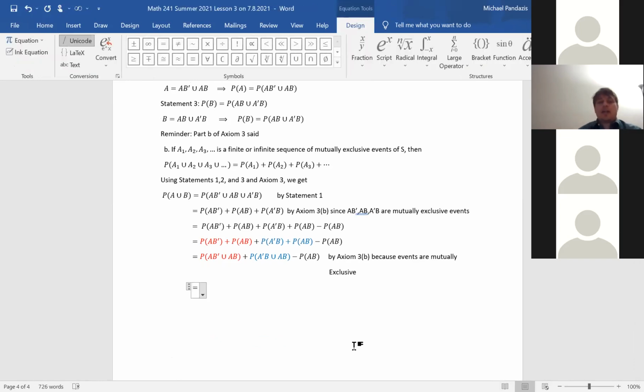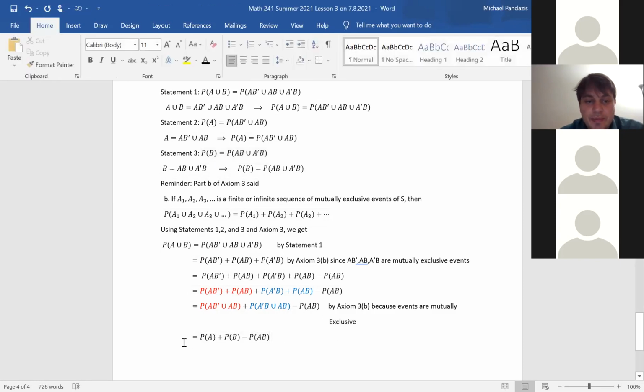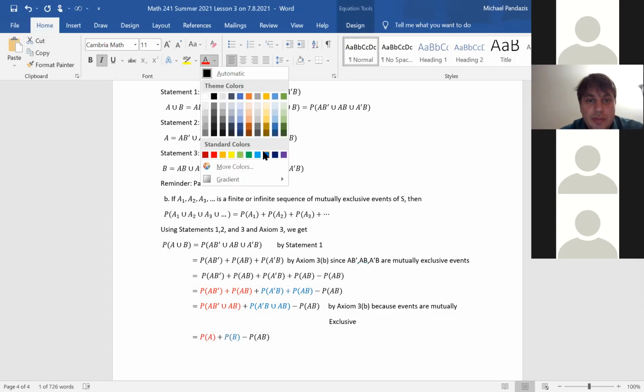Okay, and so now in statement 2, we had P of AB prime union AB is equal to P of A. And so here we have P of A plus, in statement 3, we had P of B is equal to P of AB union A prime B, right? So by commutativity, we can just switch the order of that, and that's P of B, and then minus P of AB at the end. So this is associating with the red part. This I'm associating with the blue part.